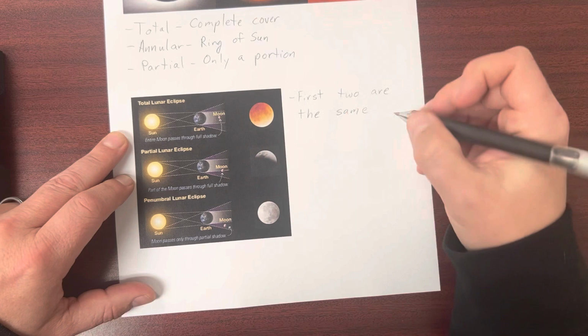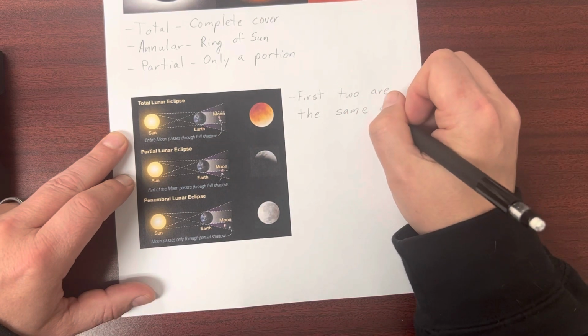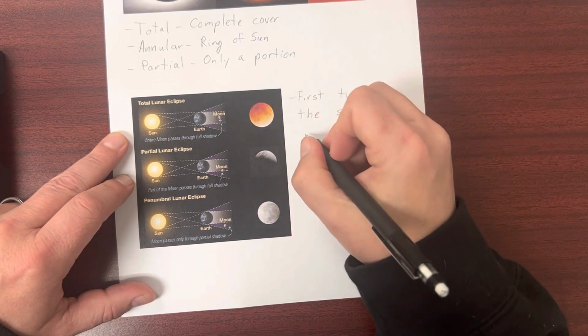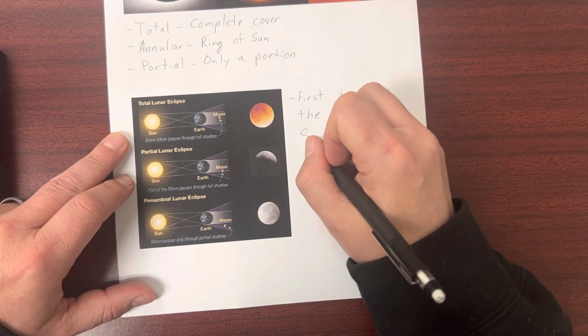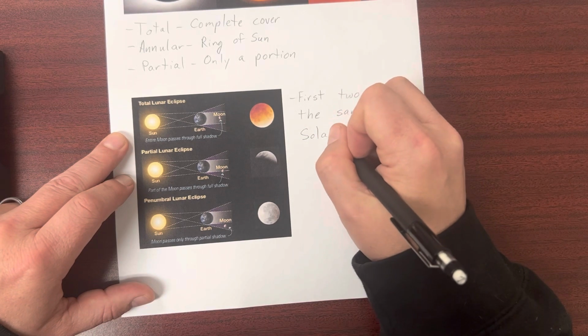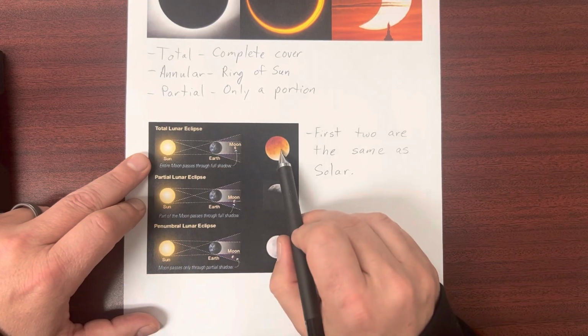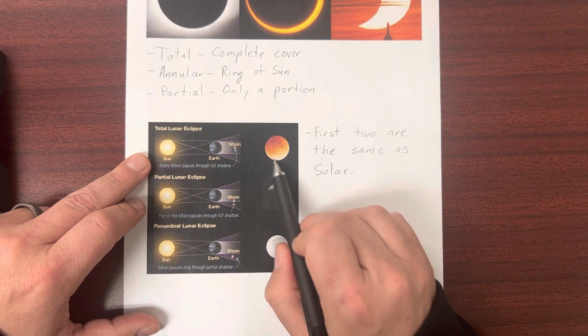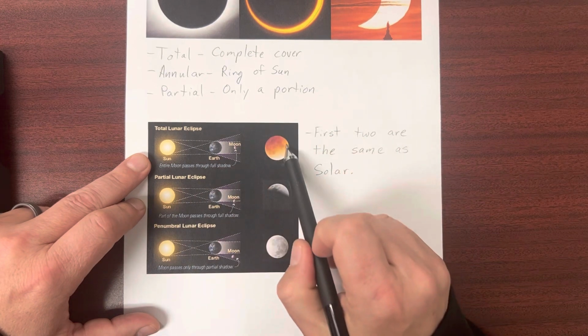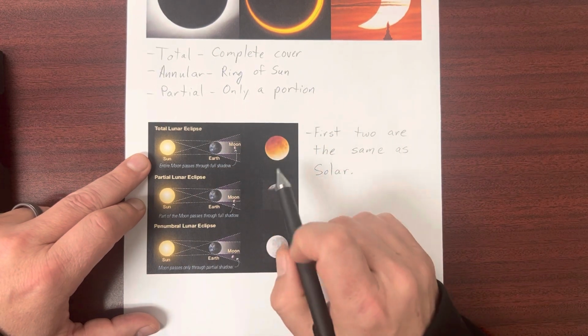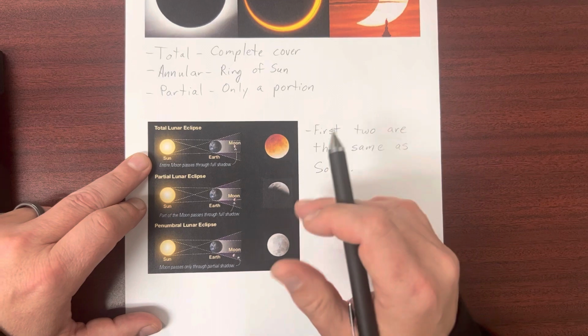And you can see these images that they look similar to the solar eclipses, but one small difference. In a total lunar eclipse, the moon doesn't get completely blacked out. It actually takes on this deep red appearance.